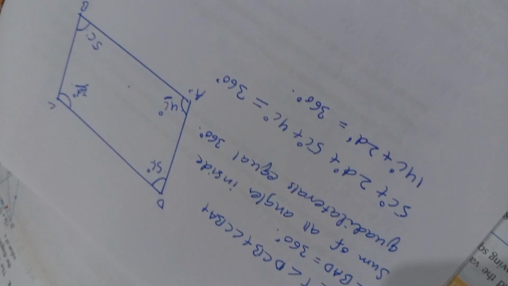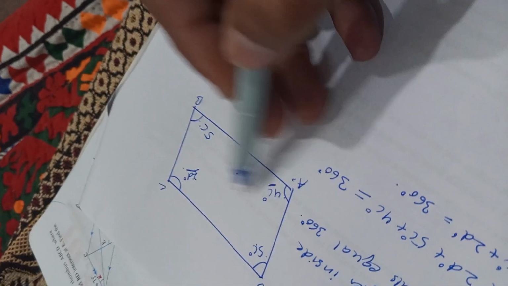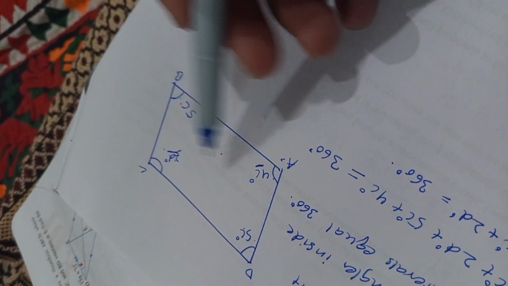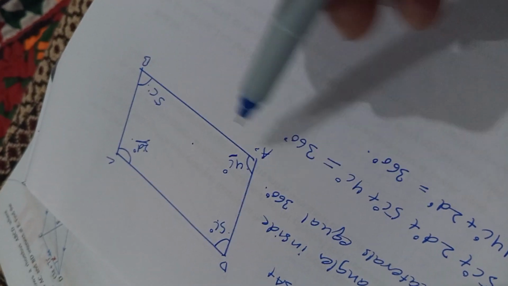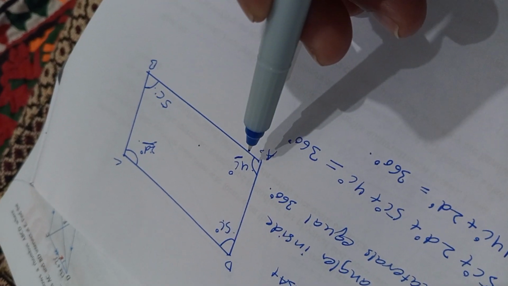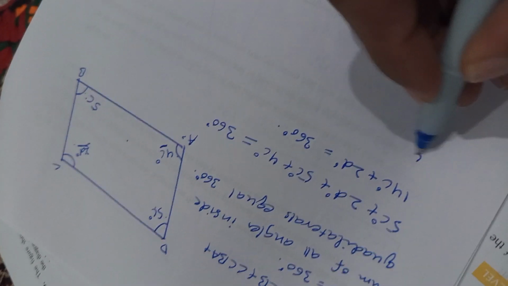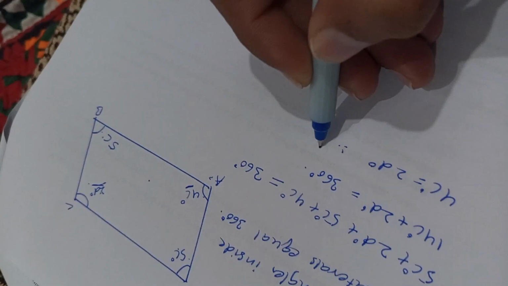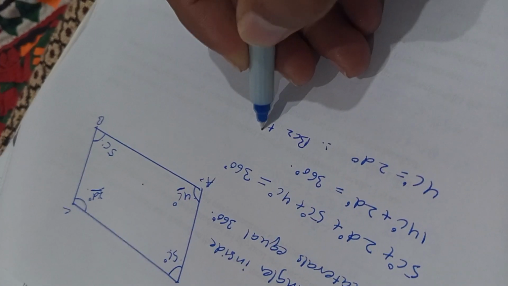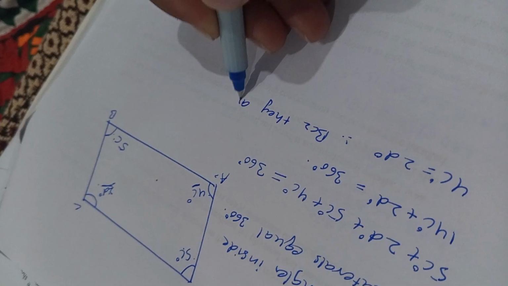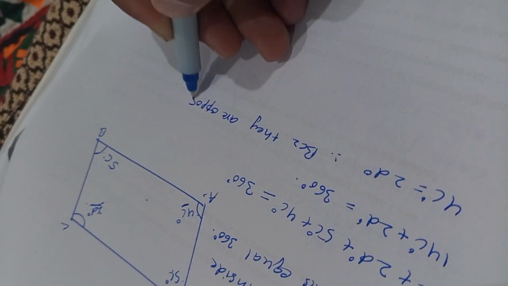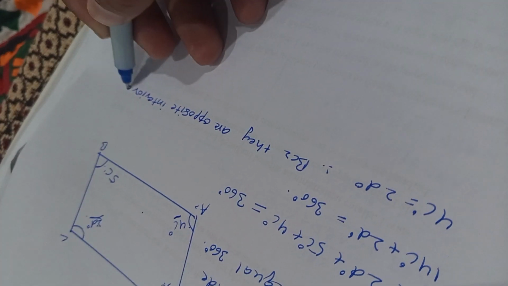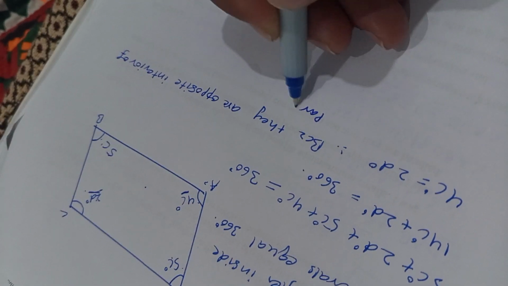Now I told you that these two opposite interior angles are equal. Why? Because in a parallelogram opposite interior angles are equal, that's a law. So whether I write 2d degrees or 4c, it doesn't matter. So I'll write 4c degrees equals 2d degrees, and I'll mention the reason: because they are opposite interior angles of a parallelogram.